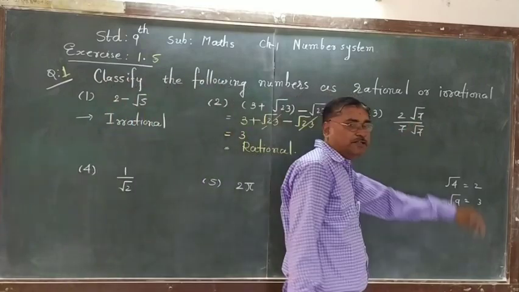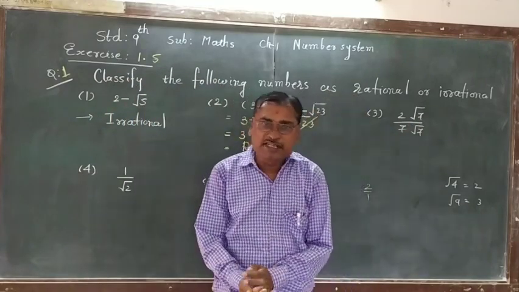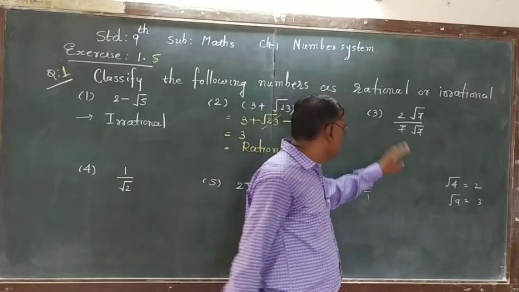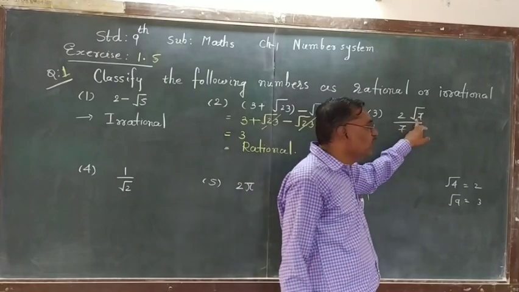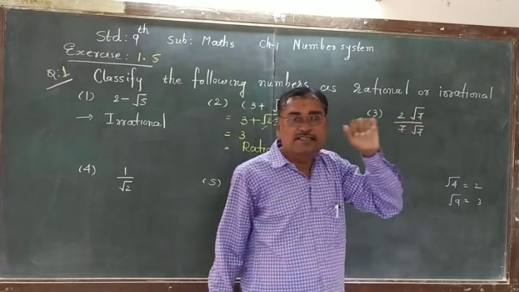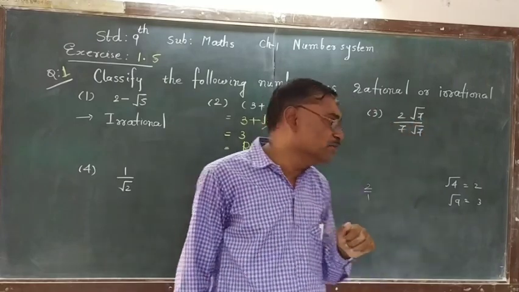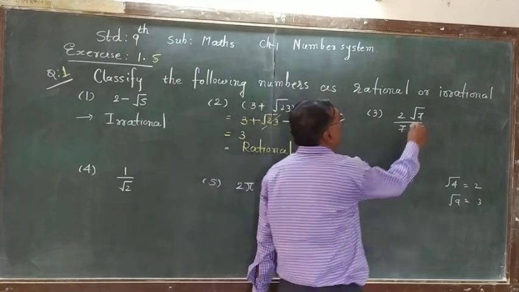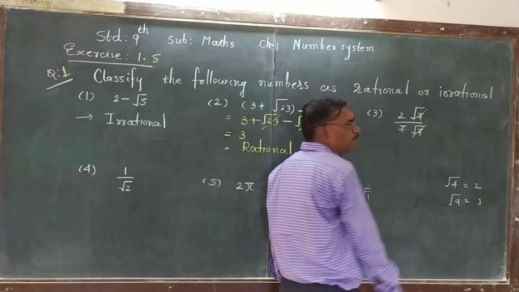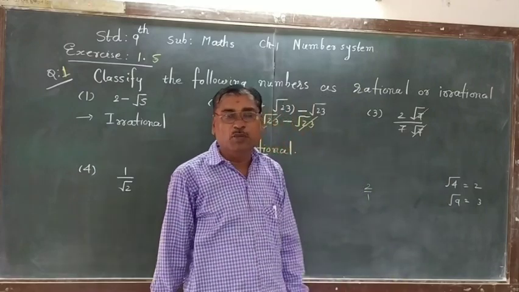Now the third. We know that, as with root 5 and root 7, we cannot obtain the value of root 7 in terminating decimal expansion. But no problem here. Root 7 and root 7 will be cut from numerator and denominator.